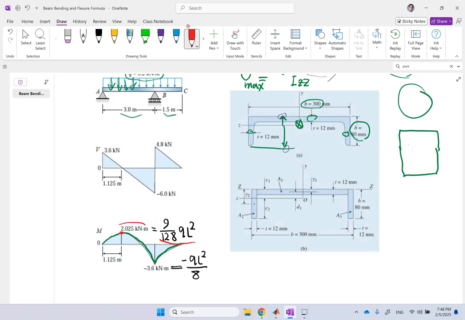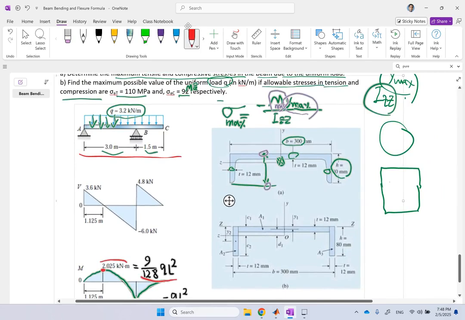And there is another spot that is right at B. There is a maximum bending moment with magnitude of 3.6 in the negative direction, kilonewton meter, and it is related to Q by this formula. Again, look at that video to see how I can plot M versus X for this specific loading. Good?